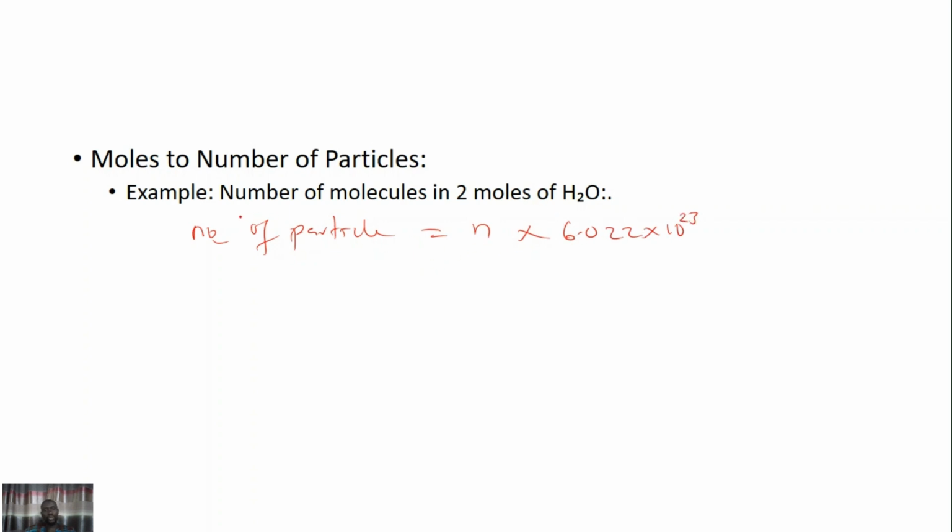So the number of particles for this 2 moles of water is 2 times 6.022 times 10 raised to power 23, which is equal to 12.044 times 10 raised to power 23 particles. In this case, it will be molecules.